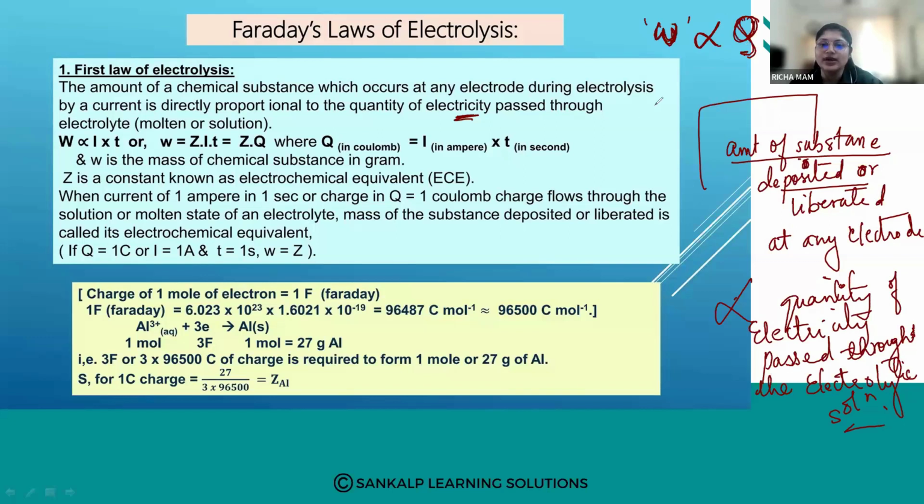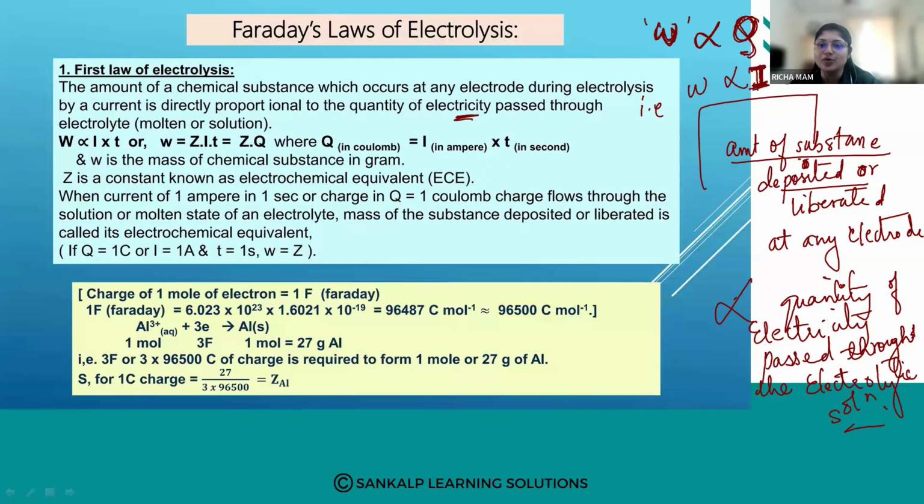So W is directly proportional to I into T, that is how much current in how many seconds. Coulomb can also be expressed as I into T, that is how much ampere is passed in how much time.